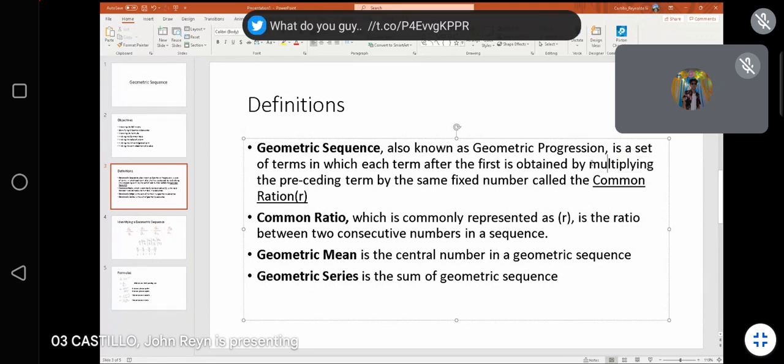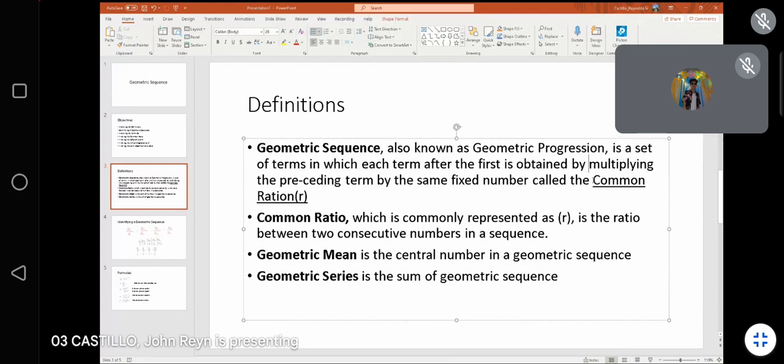You want to remember the word multiplying here, as well as the common ratio. Since the arithmetic has a common difference, in geometric sequence we have a common ratio. And note that the common ratio doesn't change. It's a constant. It's the same fixed number.